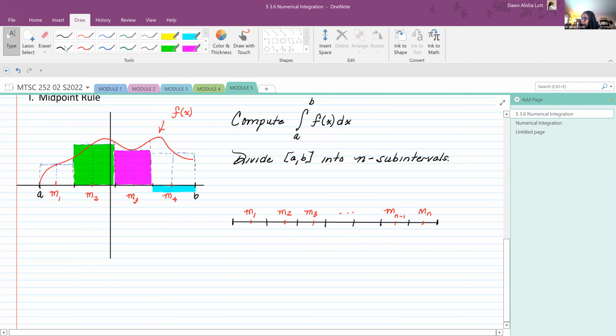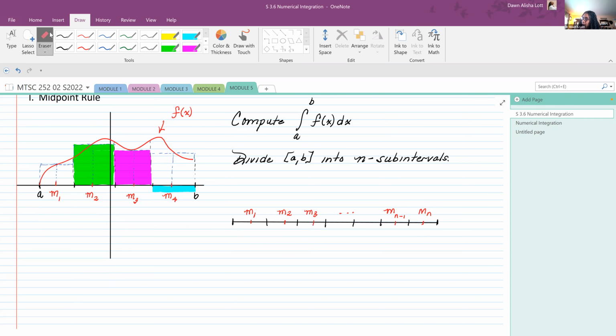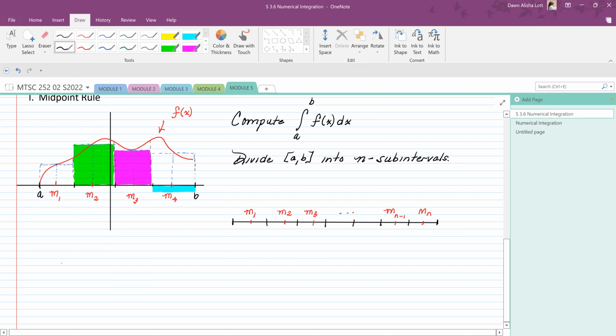All right, so the area of any one of these rectangles: the area of the first rectangle is to take f of M1 and multiply it by delta x. That's the area of the rectangle.